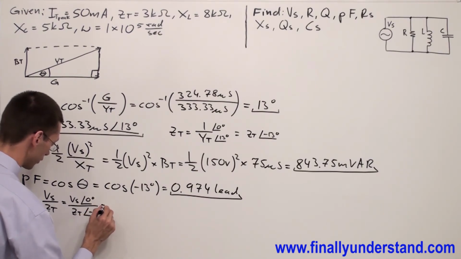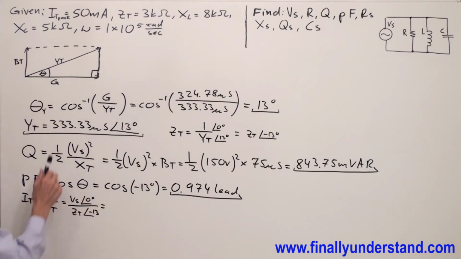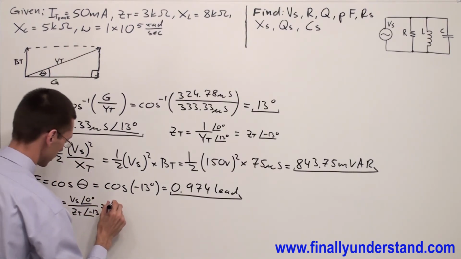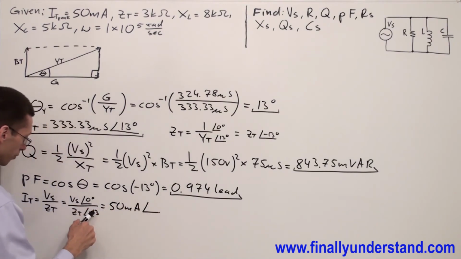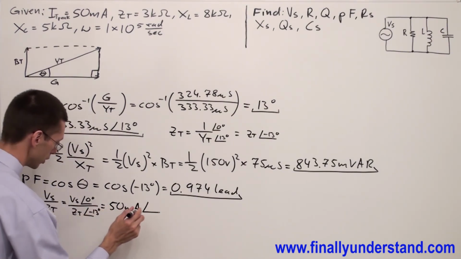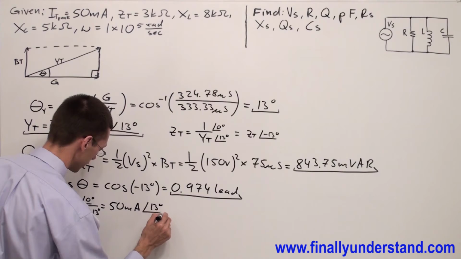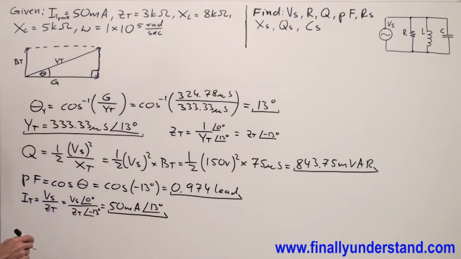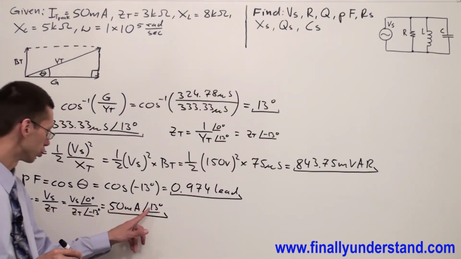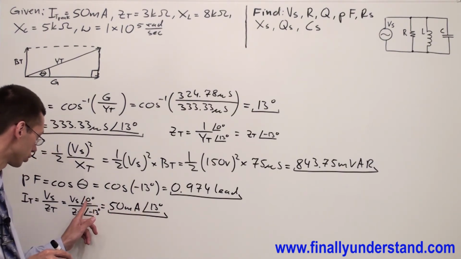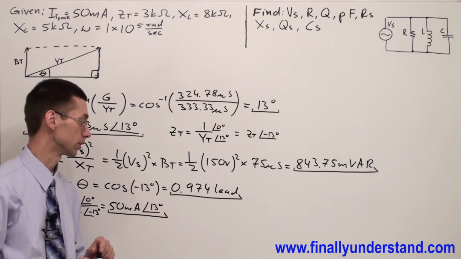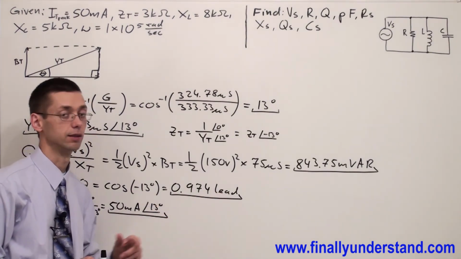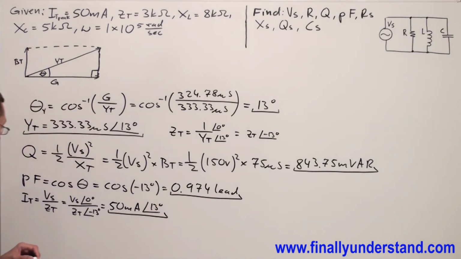So I have I total, which is in this case 50 milliamps, and 0 minus negative 13 degrees is going to give me 13 degrees. So it shows me that the total current is going to lead the voltage source, which starts at 0 degrees, by 13 degrees. That's why I'm going to write word lead next to the value of the power factor.